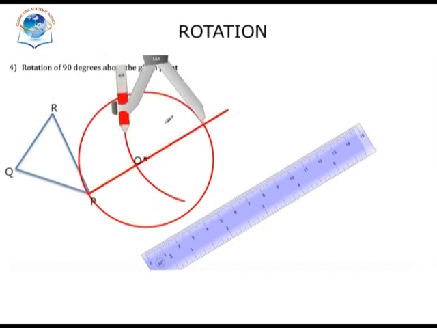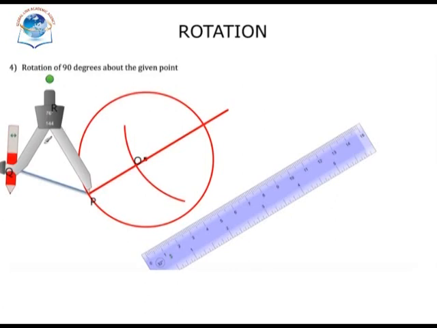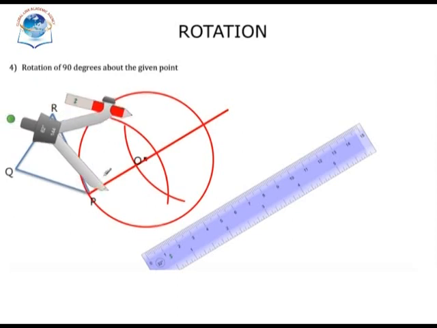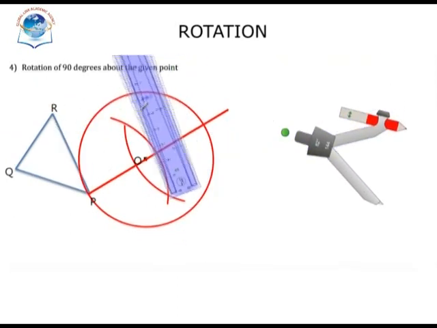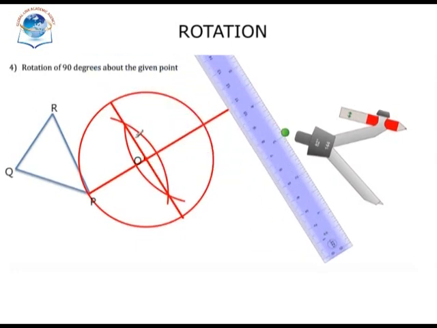So mark an arc. The other side, and an arc. Now draw that bisector. So from O, which is the anti-clockwise direction, it's from here to over here.